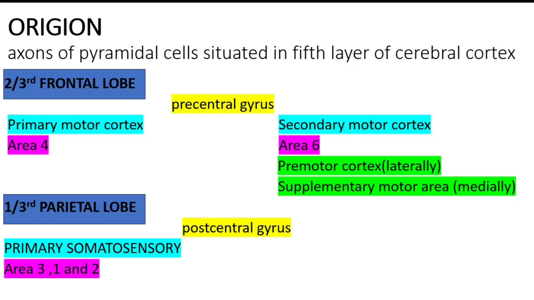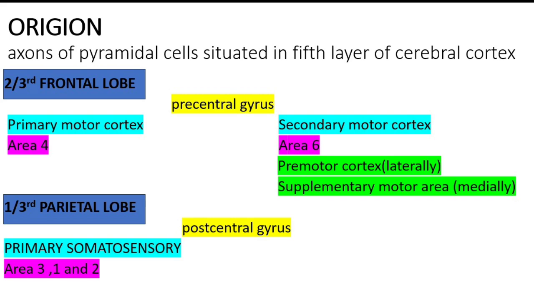It originates from the axons of pyramidal cells situated in the fifth layer of the cerebral cortex. Two thirds of its originating point is in the frontal lobe, whereas the next one third is in the parietal lobe.